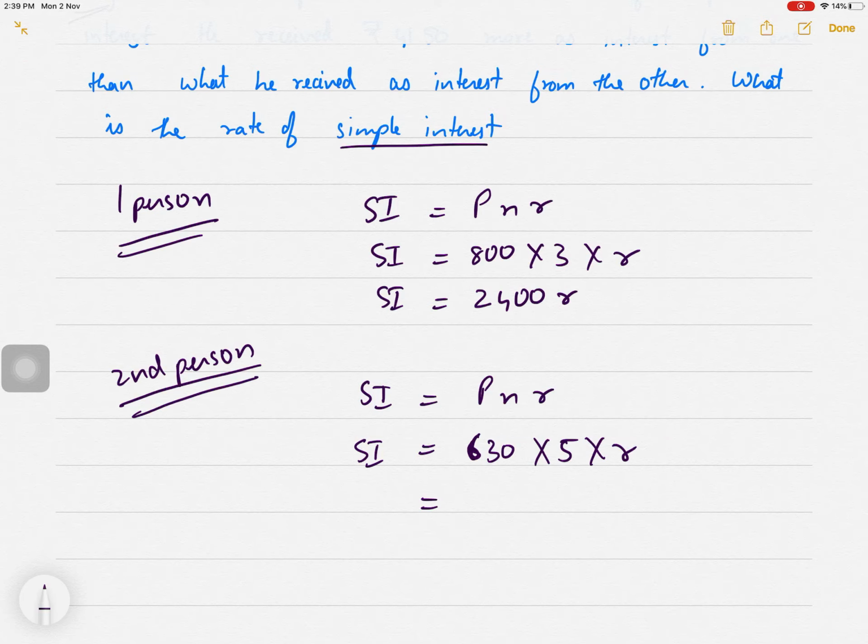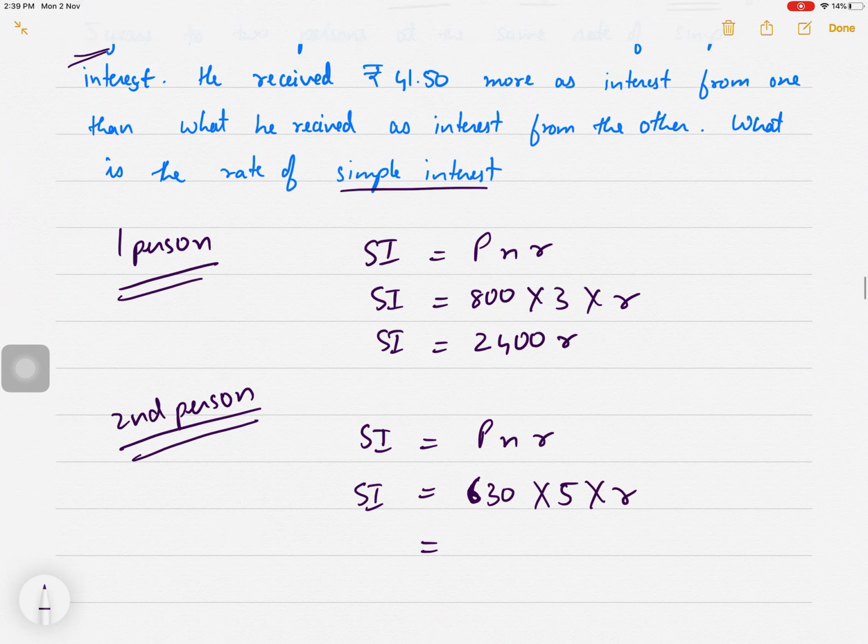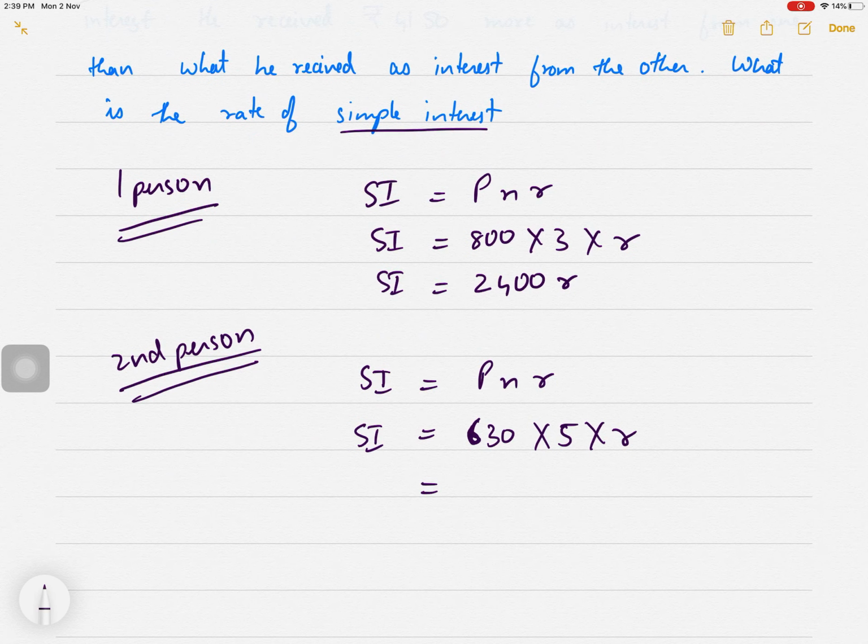So for the second person, simple interest is 630 into 5, which comes to 3150 R. So simple interest for the first person is 2400 R, for the second person is 3150 R. Which one is greater? 3150 R is greater than 2400 R.